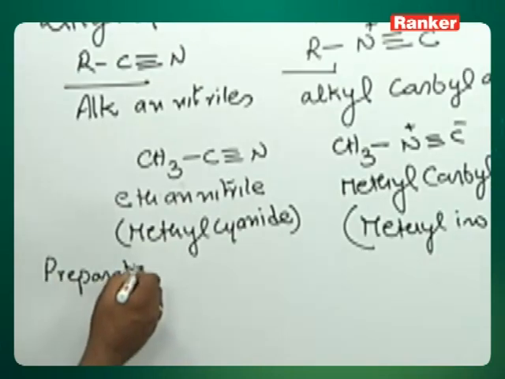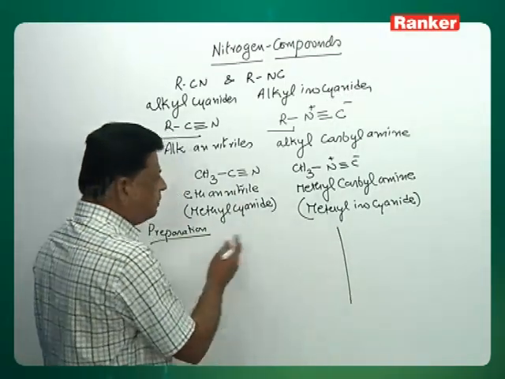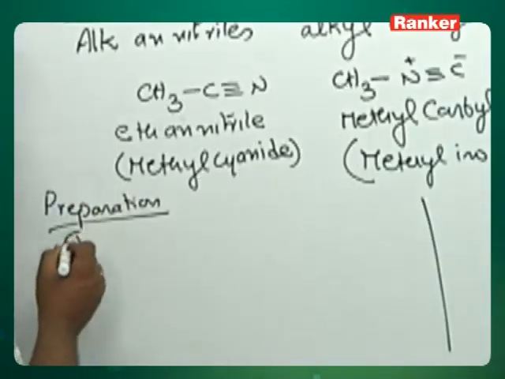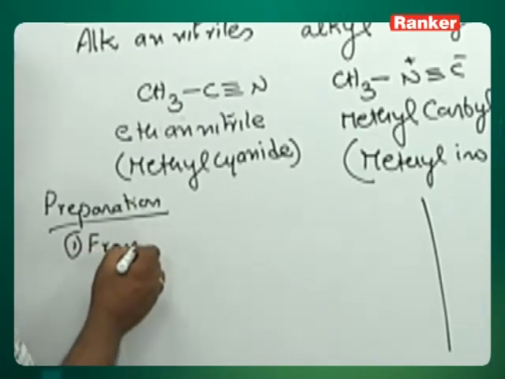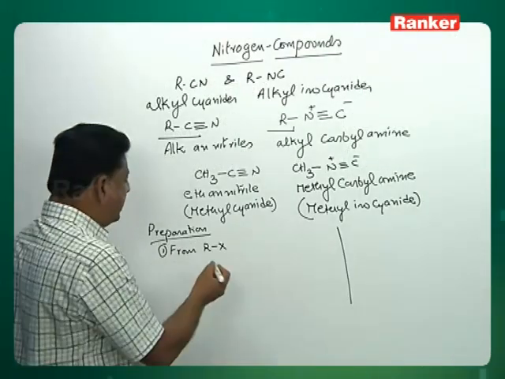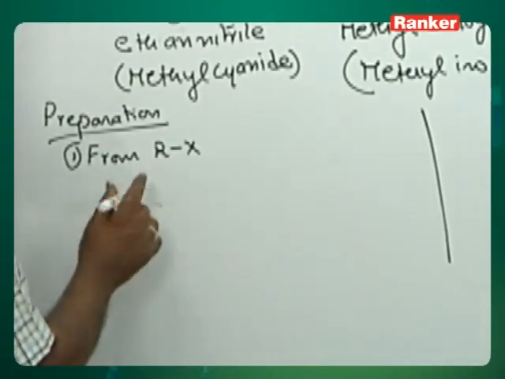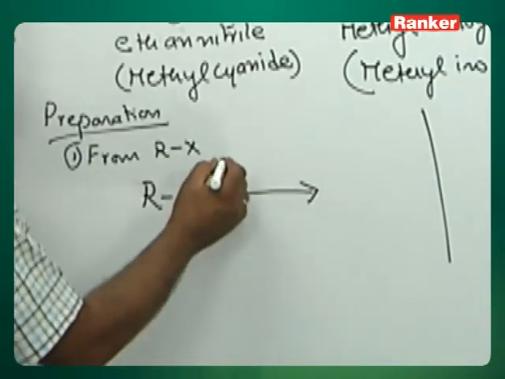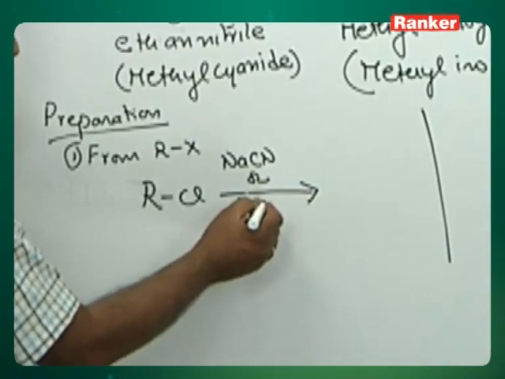Preparation methods. Let us take, on one side, the cyanide preparation, and on the other side, the isocyanide preparation. Two methods are in practice. One is from alkyl halides. From RX, a halogen-containing compound, you take it and treat it. For example, take an alkyl chloride and treat it with either sodium cyanide or potassium cyanide.